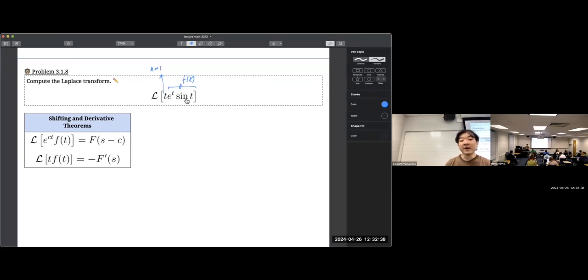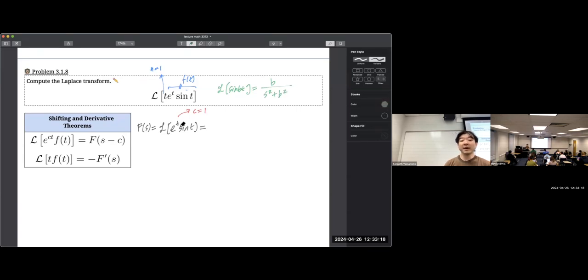If I'm labeling this thing as my f of t, then I'm going to have to take the Laplace transform of that, which is the Laplace transform of e to the t sine of t. This itself requires the shifting theorem, with c equal to 1. So you have the Laplace transform of sine. I'm going to write that up here. The Laplace transform of sine of bt from the table is b over s squared plus b squared.